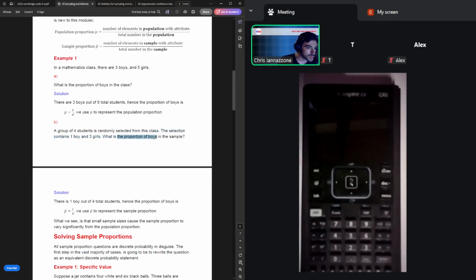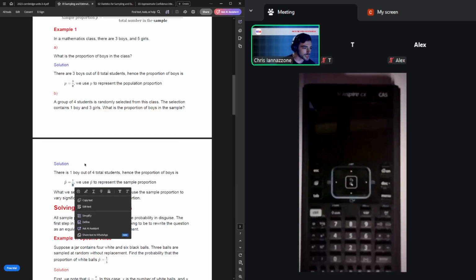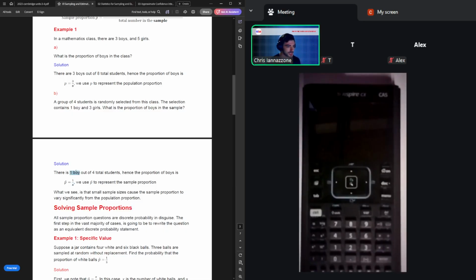So when it says proportion of boys in the sample, we're now going to use p hat to denote that it was from a sample, essentially a subset of the overarching global population. So in this case, the selection contained 1 boy and 3 girls, so your new denominator is 4 for a total of 4 students, and because there was 1 boy selected, p hat is going to be 1 over 4.